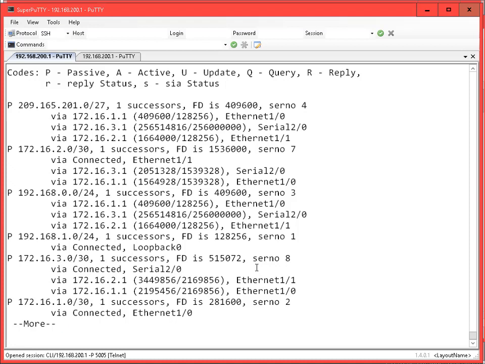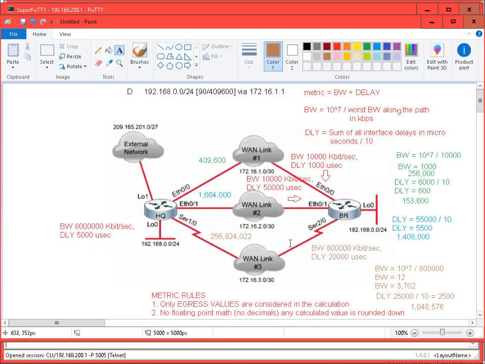When you're adding offsets, there's a couple of other things that you have to consider. For example, and actually I know why the number's not correct now, so let me go ahead and fix it. The number's not correct in this case because with an offset, I'm not going to consider the delay from this router here.